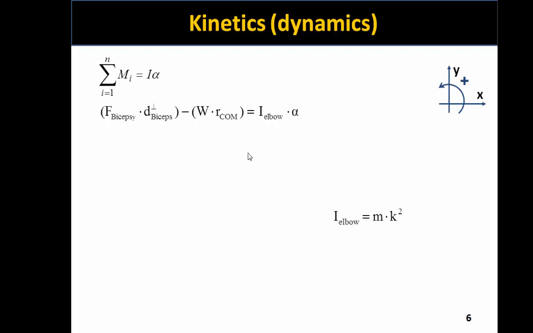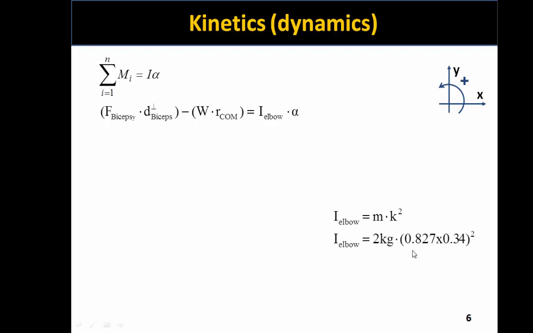So calculating the moment of inertia about the elbow, as I mentioned, I'm going to do this directly rather than going through the parallel axis theorem approach, and that's going to be equal to the mass of the rotating segment times the radius of gyration from the point of rotation, which is the elbow, not the center of mass, squared.